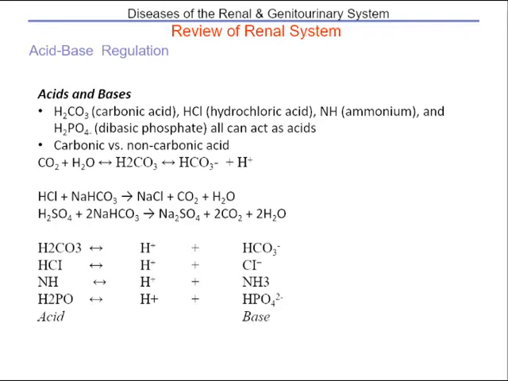So the complete metabolism of your carbohydrates and fats in the diet will require oxygen and insulin. And usually this metabolic breakdown of food will yield carbon dioxide and water. So when the lungs function normally, it's able to produce carbon dioxide and it's able to excrete it.